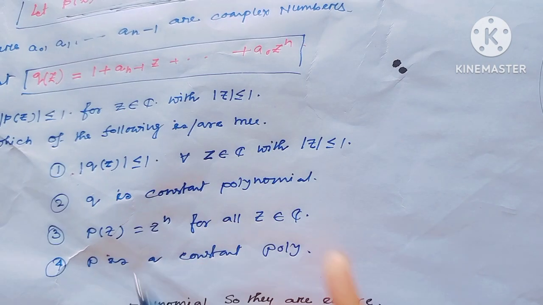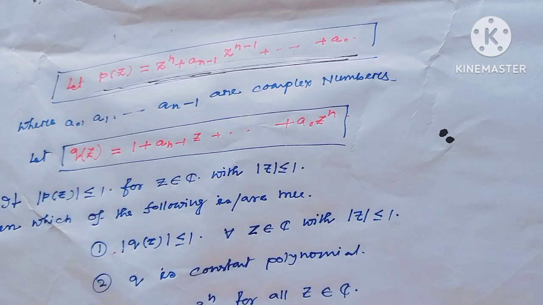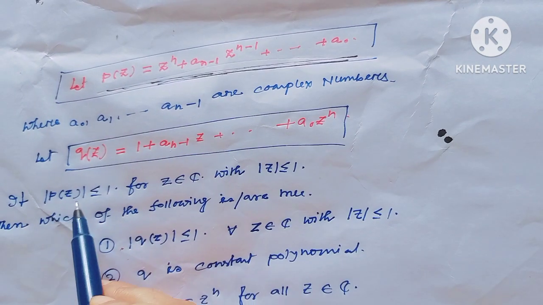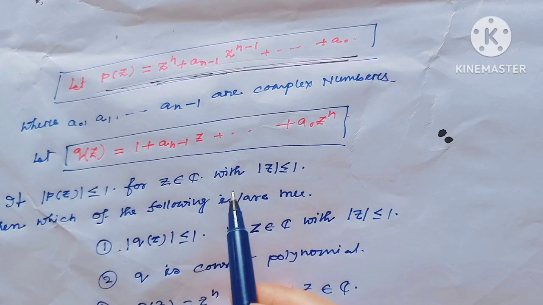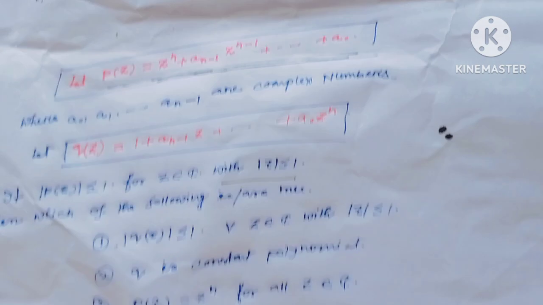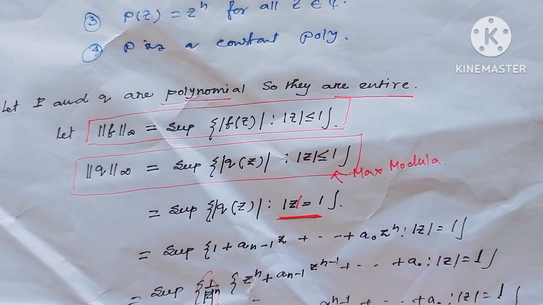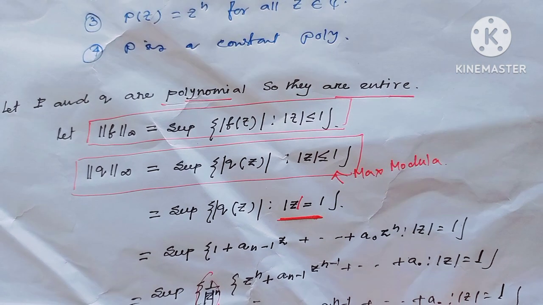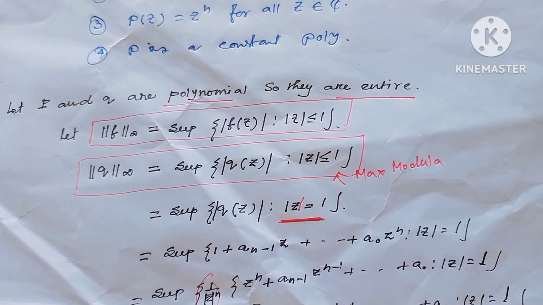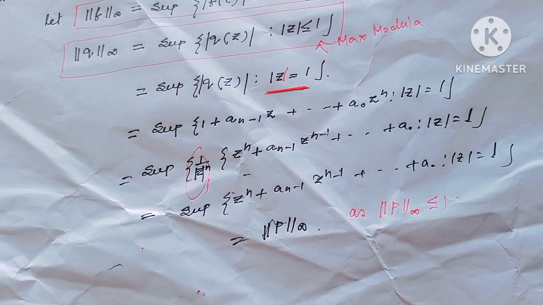And since these two are the same, and since it is given that |P(z)| is less than or equal to 1 for z belonging to the complex numbers with |z| less than or equal to 1, that means norm P, since here I have used the supremum norm, is less than or equal to 1.